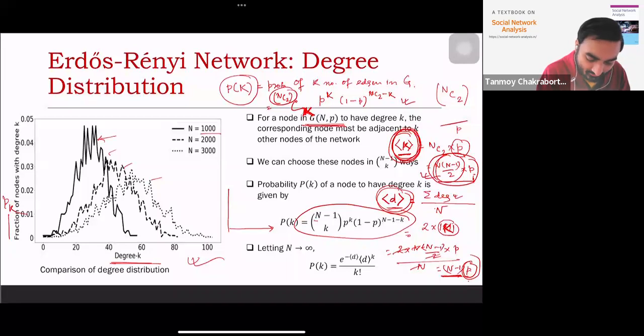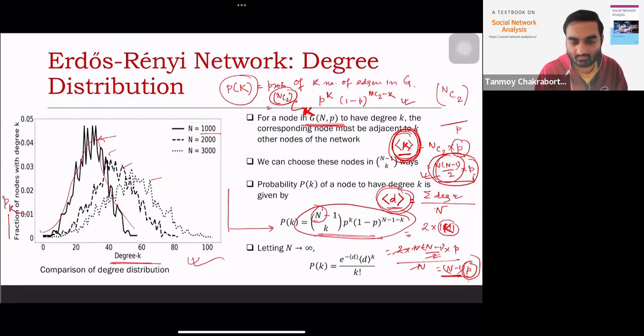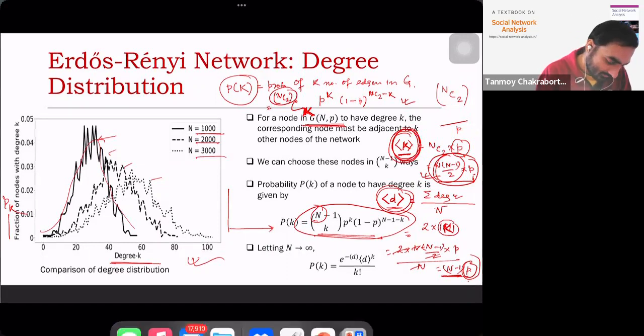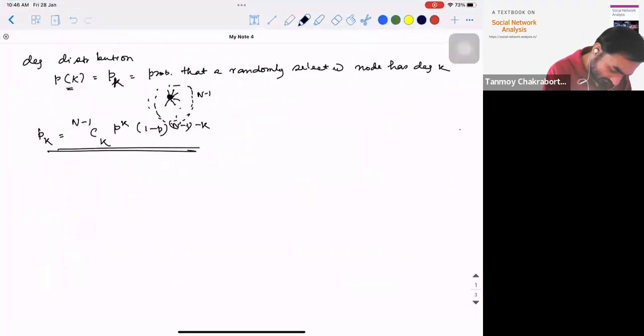If you fix n as 1000 and vary k from 0 to n minus 1, you see this kind of curve. It is clearly a binomial distribution, here with n equal to 1000, 2000, and 3000. There are different shapes. Now we all know that as n moves to infinity, what happens?